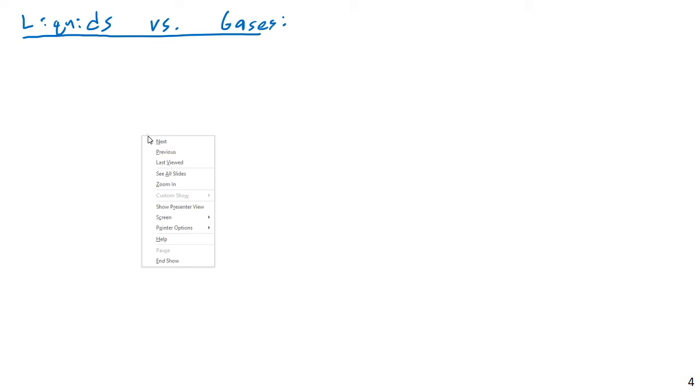To really define the difference between liquids and gases, and even solids, we need to look at the molecular structure. So let's consider solids first.